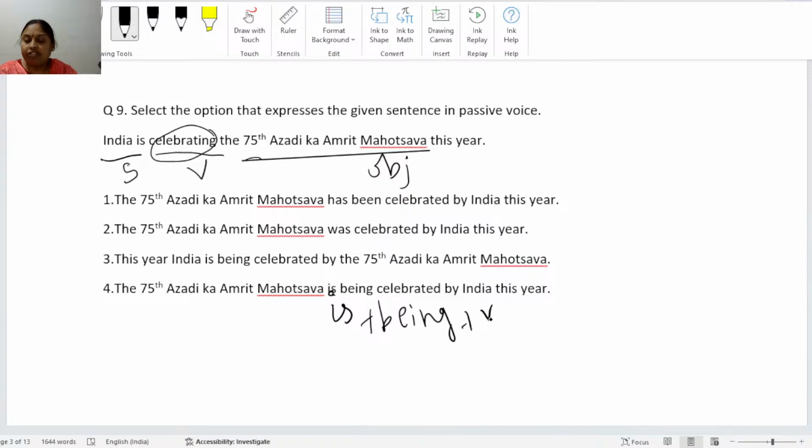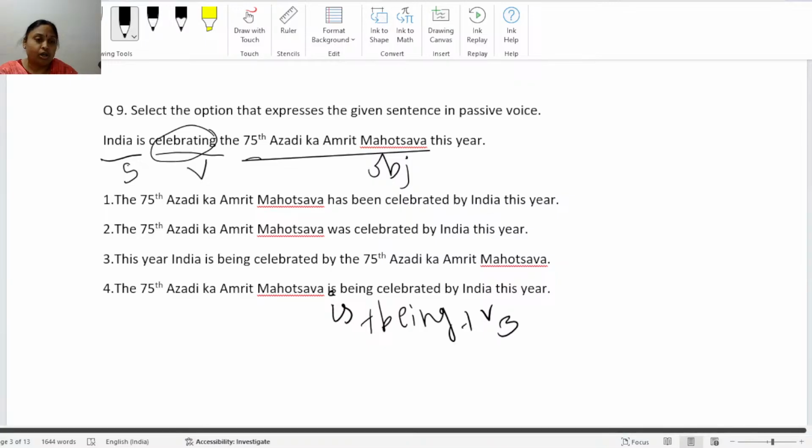So here main verb third form. So here is being V3 verb means we are supposed to take is being celebrated. So that's why option will be 4. The 75th Azadi Ka Amrit Mahotsava is being celebrated by India this year.